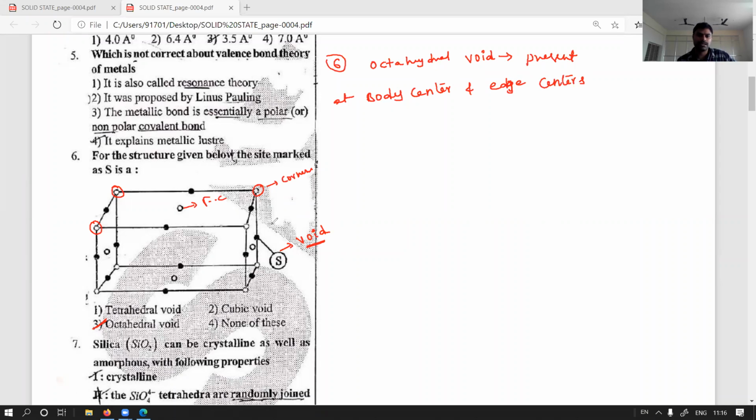If you observe, here the S is present at an edge center. Therefore it is an octahedral void.